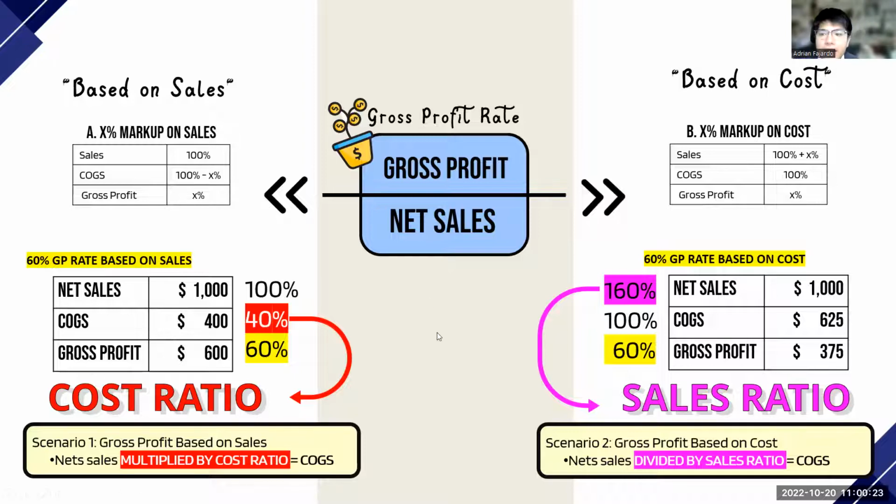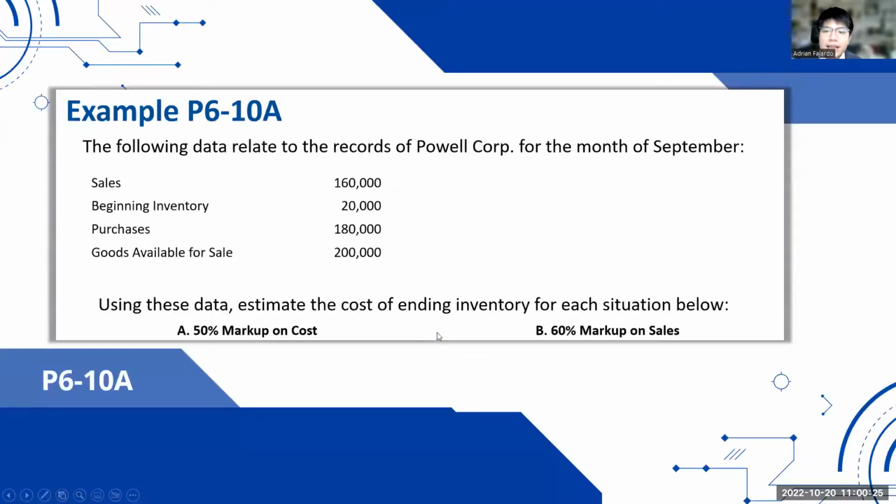So let's take a look at an example. Our class example, right? The following data relate to the records of Powell Corp. As you can see, all we know is sales and cost of goods available for sale.